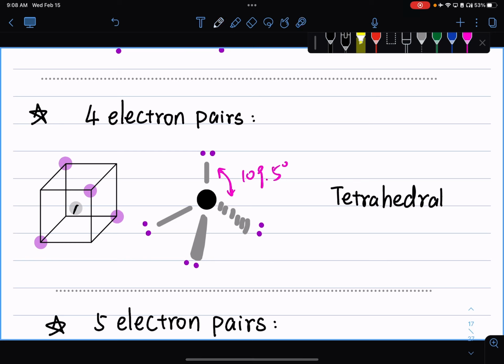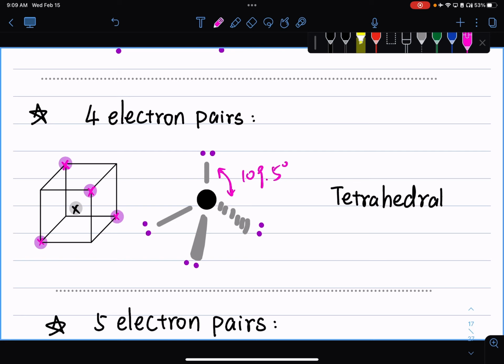The best way to orient those electron pairs so they're as far from each other as possible is to put them on the corners of that cube. The consequence here is that the top two corners that are diagonal to each other are as far away as possible, and on the bottom, it's the other two corners. So that's how scientists came up with the tetrahedral geometry, and that's where that 109.5 comes from.